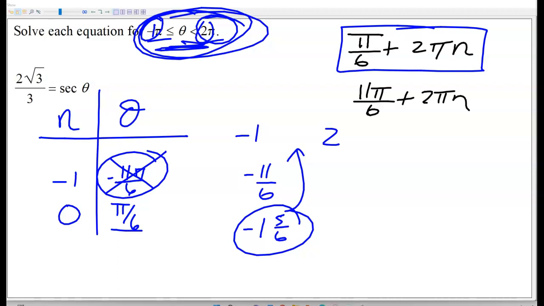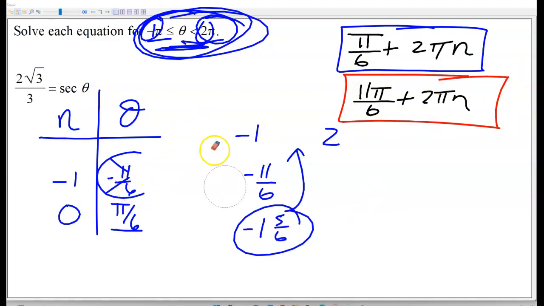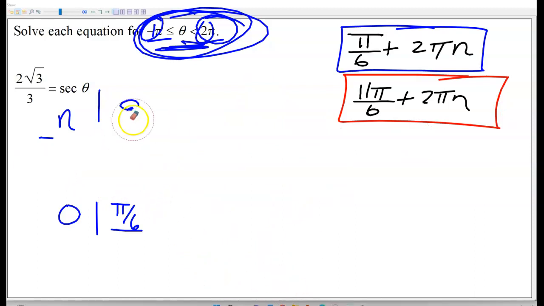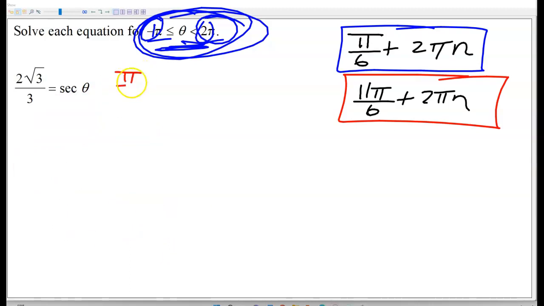I'll do that one in red. I'll make some space for myself here. So we've got pi over 6 as one of our answers. I'll go ahead and write it up here so I don't forget about it.